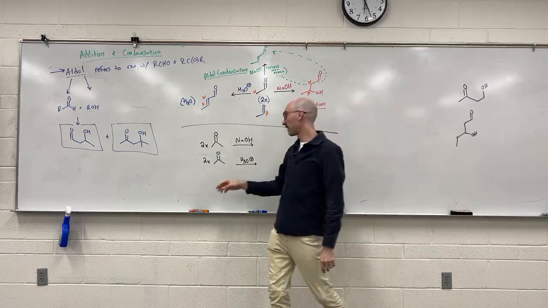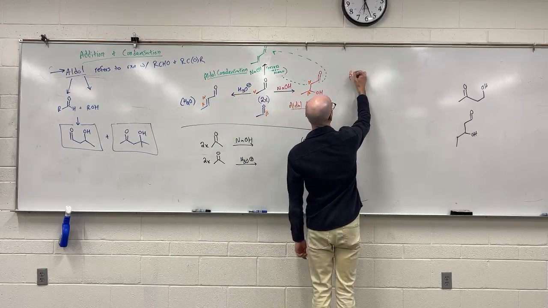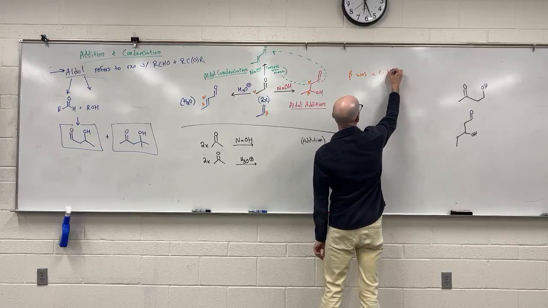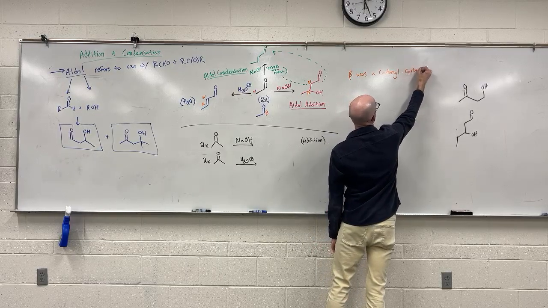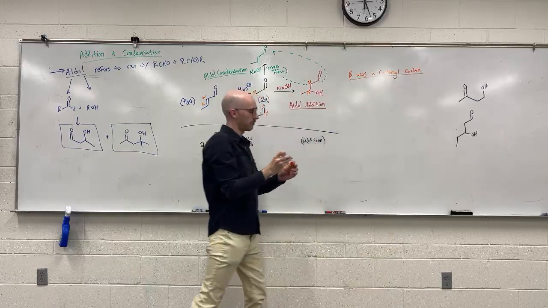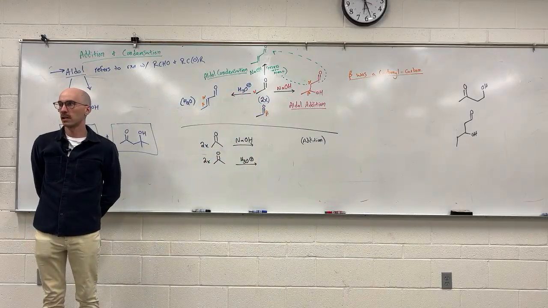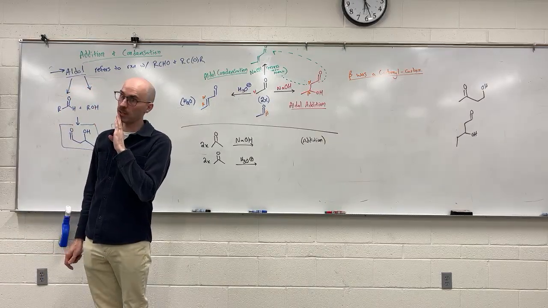In fact, I'm going to write it down: beta was a carbonyl carbon. This is OChem lore. I think this could be the secret code into the OChem club. Beta was a carbonyl carbon.